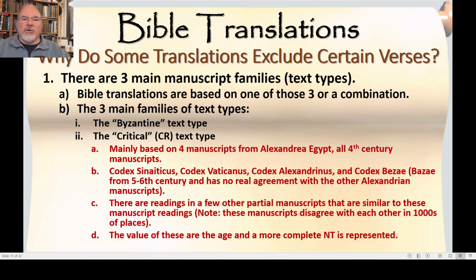So it's not like you're comparing 5,000 complete New Testaments. Sometimes you only have fragments. What's interesting is the book of Revelation has to be taken really from, for the most part, the majority text, because there's not enough representation in the earlier ones.